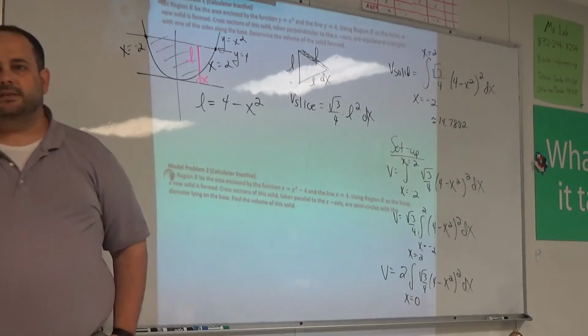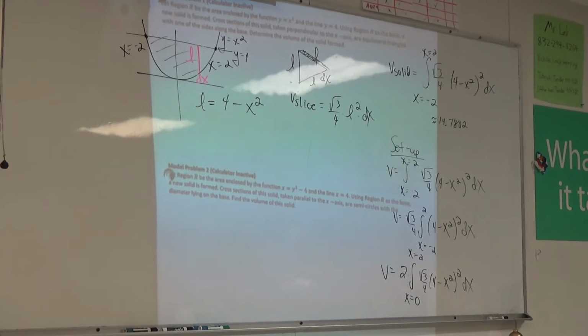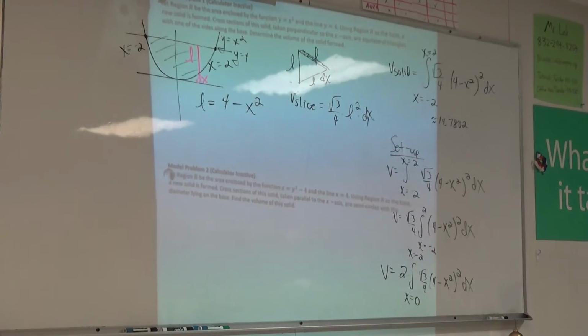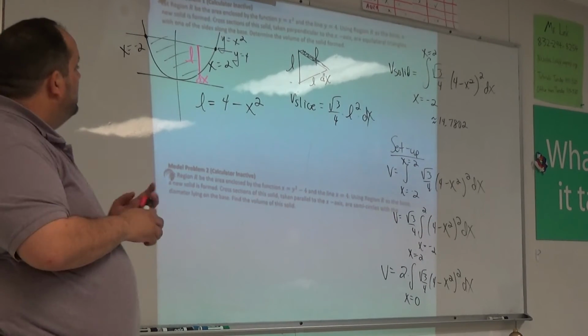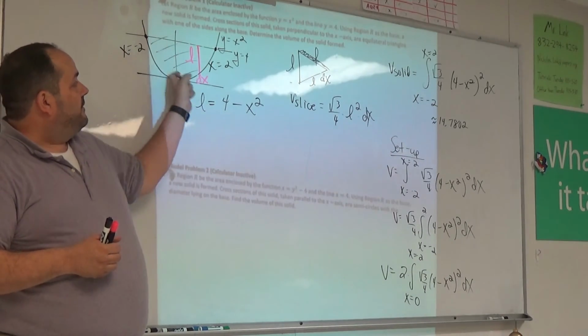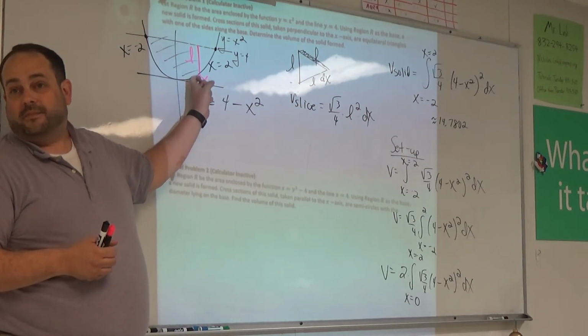Oh. Tell somebody near you why that would actually work. There's something special about the base. The key with the base, if I've got the line y equals 4, if I've got the parabola y equals x squared.